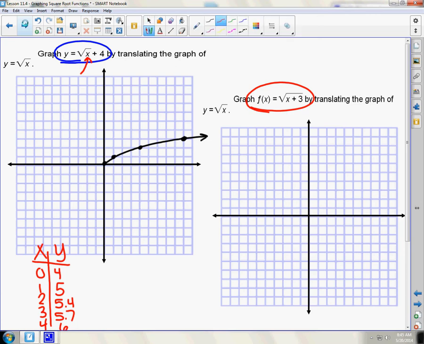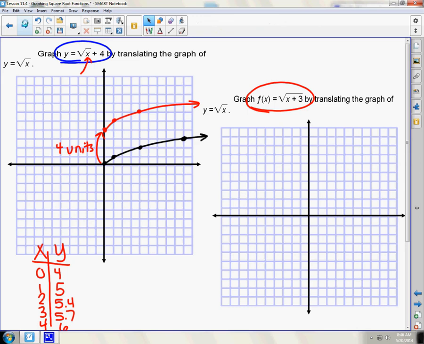Now our new graph, where I'm adding a number outside of the radical, if I look at the difference, 0 is 4, 1 is 5, and 4 is 6. So it's the exact same graph, however, it gets bumped up 4 units on the graph. It goes up 4 on the y-axis.